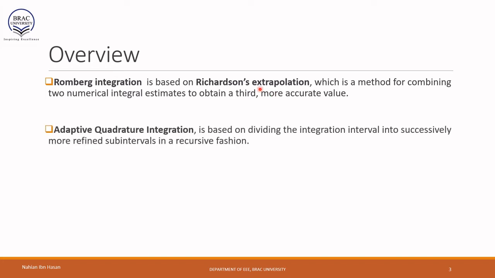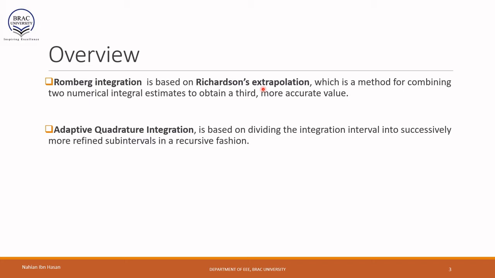The next method is adaptive quadrature integration. This method dynamically changes the width of each of the segments. Let's say we have a function that in some segments has a behavior which is very much constant, that means the function is changing very slowly.